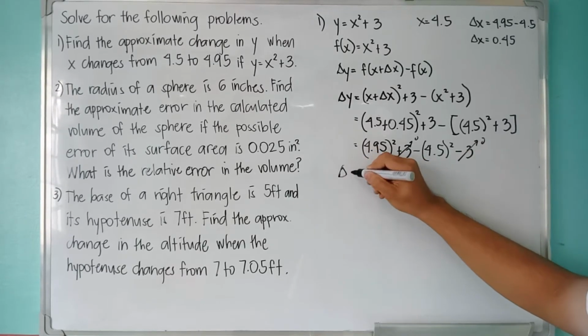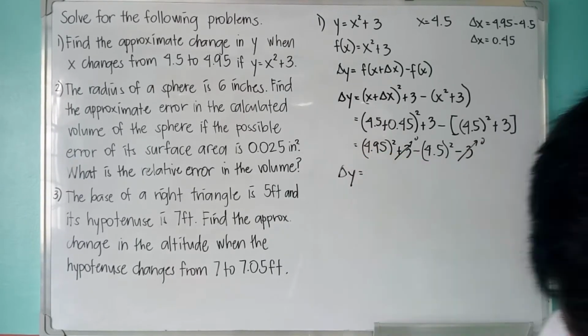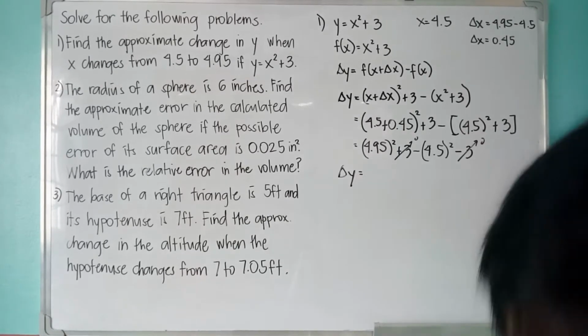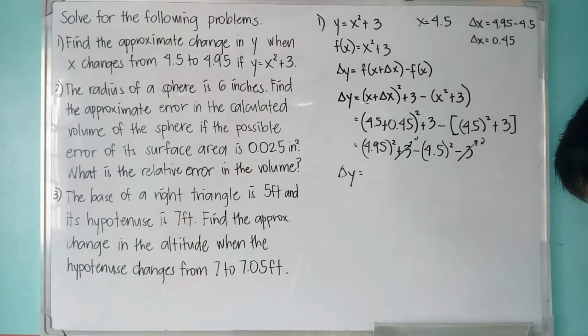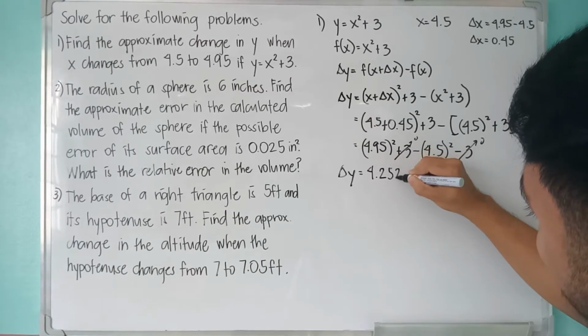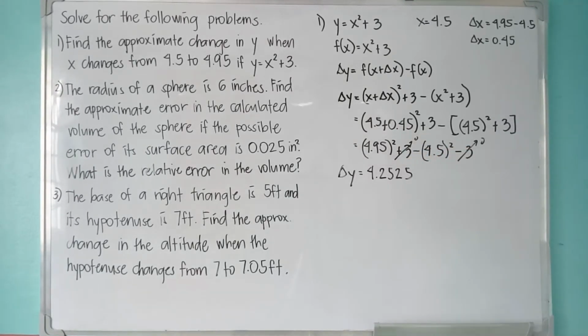Yun yung value ng delta y natin. So pag sinolve natin yan sa calcu, 4.95 squared minus 4.5 squared equal yan sa 4.2525. So this is 4.2525. That's the approximate change sa y.